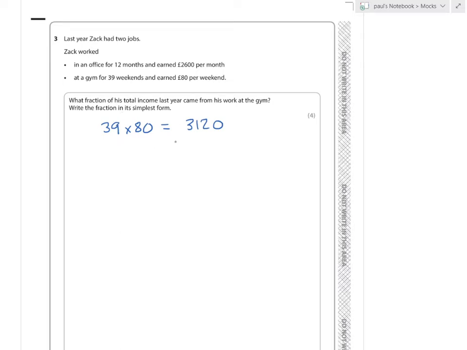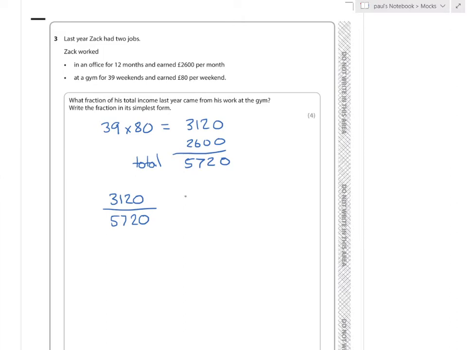What fraction of his total income? So I'm going to add 2600 to find the total income, which is 5720. And the fraction that came from his work at the gym was 3120 over 5720. Can we simplify this?